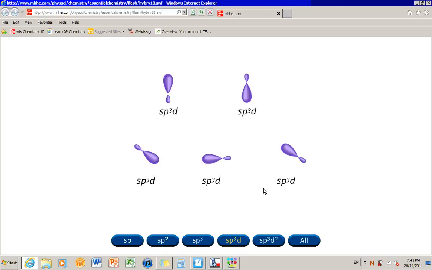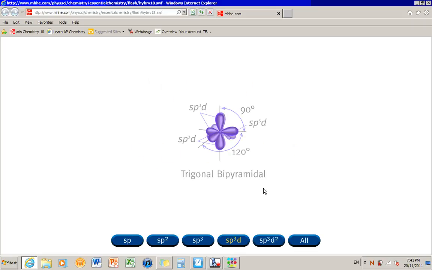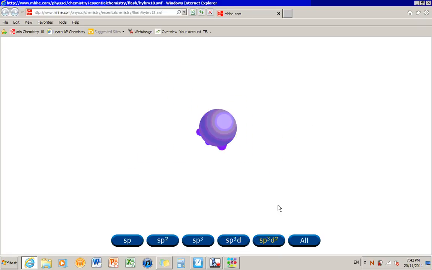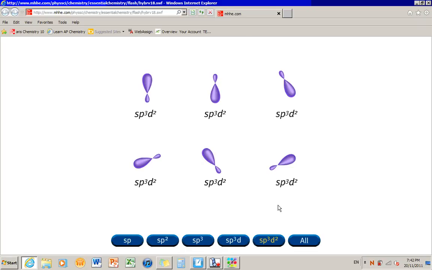So I'm taking 1 s, 3 p, and a d orbital, and I'm hybridizing them to form 5 hybrids that will organize themselves in a trigonal bipyramidal geometry. The last hybridization that we can have is sp3d2. We're combining 6 orbitals, so we'll get 6 hybrids that will organize themselves in an octahedral arrangement.